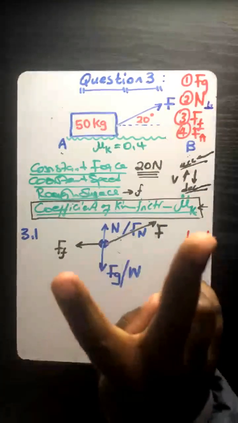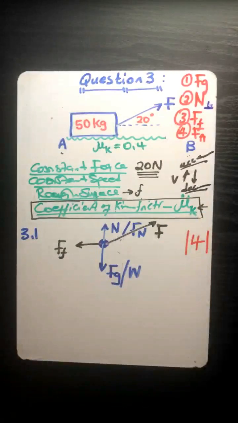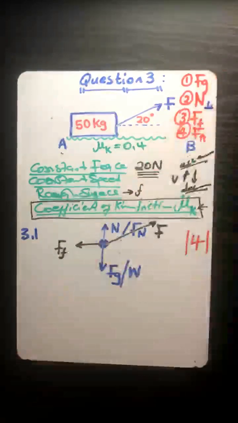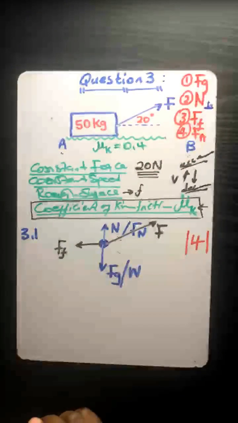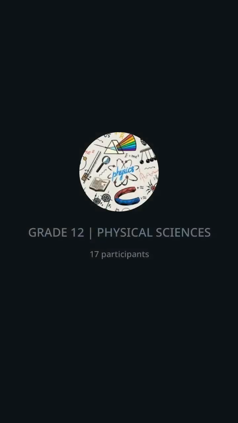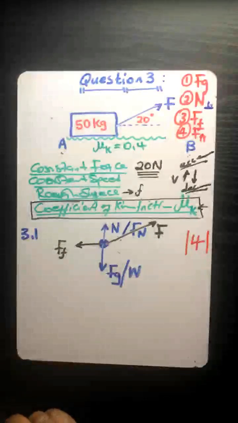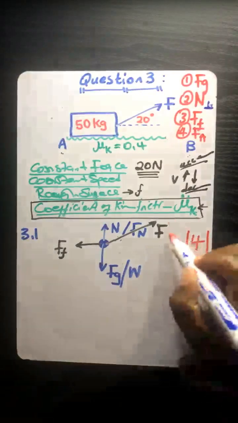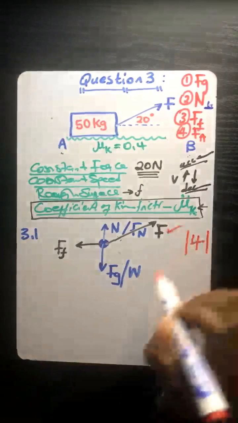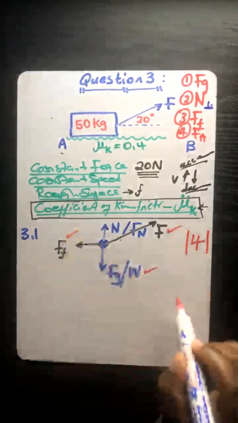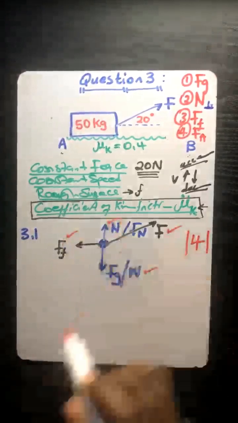The other 2 forces are the components of that one. We will get to that stage when the time comes, but for now, let's leave it there. This is where you are going to score a mark for that one, and also that one. And lastly, for your normal force.